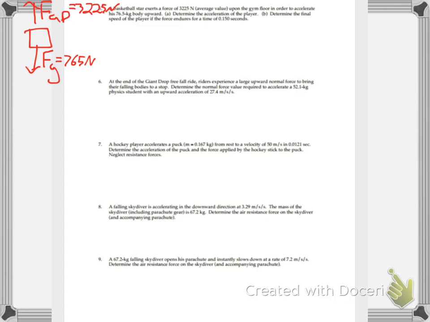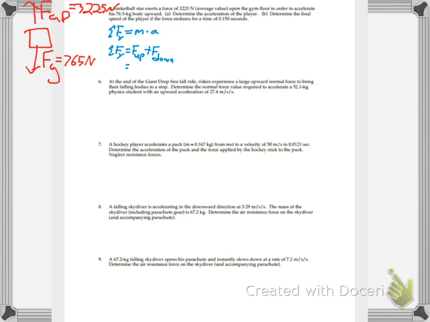Determine the acceleration. So to determine that acceleration, we want to use Newton's second law, where the sum of our forces in y equals the mass times the acceleration. Well, to find the sum of our forces in y, we can also write this as the up forces plus the down forces.